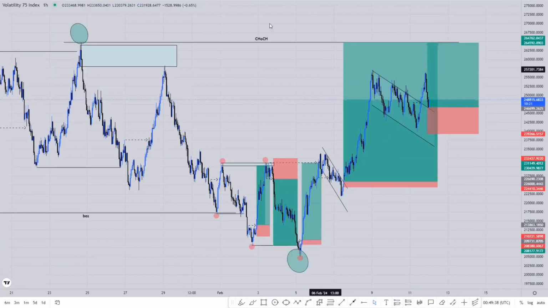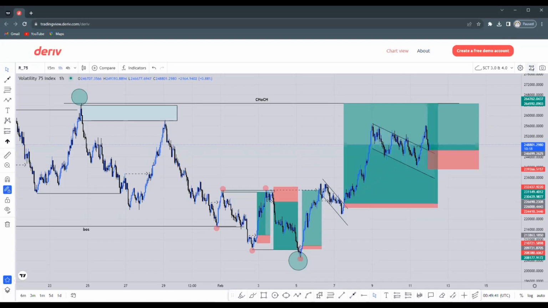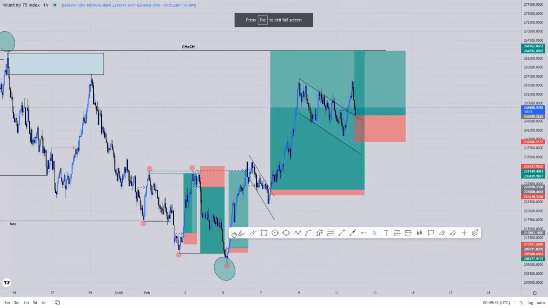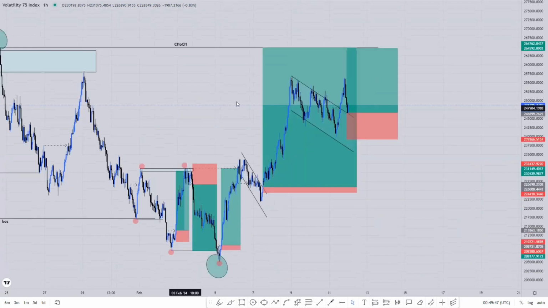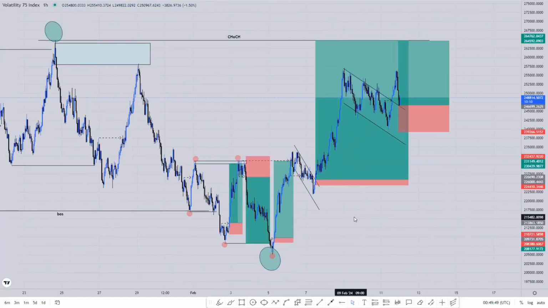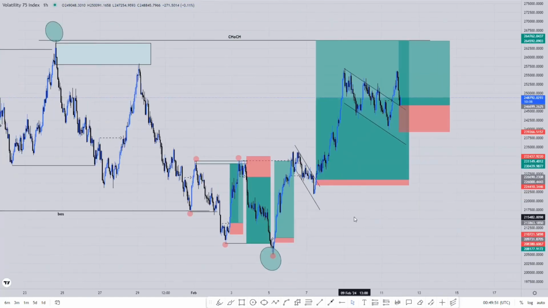But if you're smart enough, you actually realize that you can even hold it beyond the change of character leg, because so long as they keep on going and don't induce to the downside, you keep on holding those entries. So guys, this is just a taste. I'm just giving you a taste of the methodology that I use to trade the markets and make sure that I maximize to the highest potential of earnings in terms of trading as a whole.